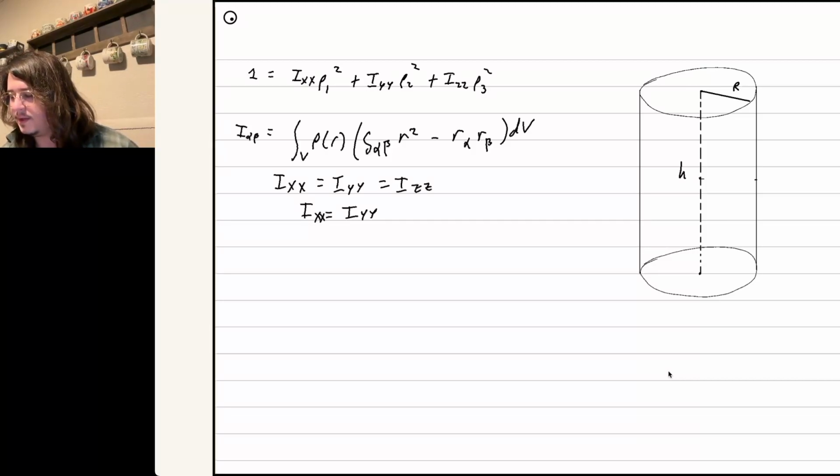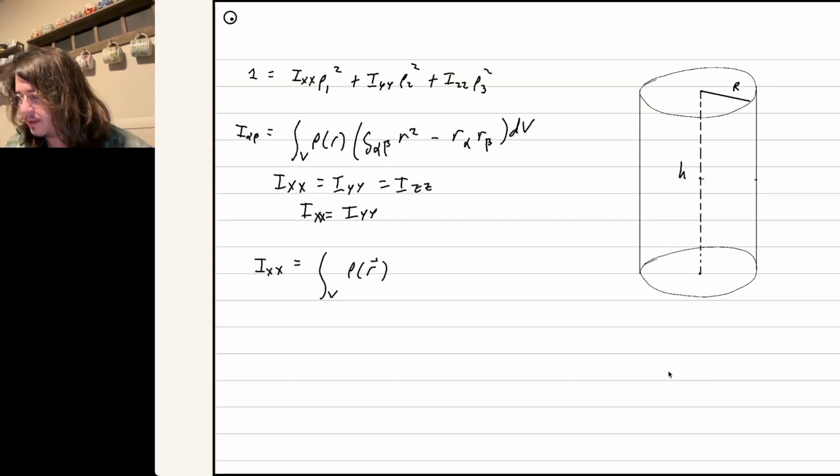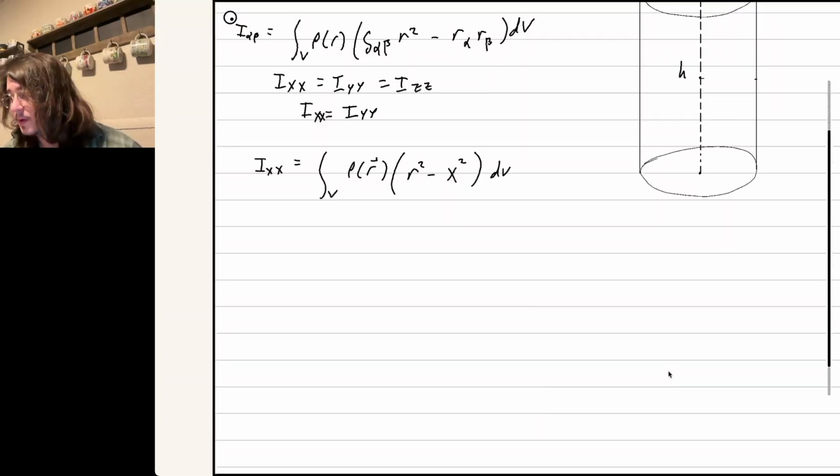So Ixx is a volume integral of some mass distribution function, which I really don't care about, times r squared minus x squared dV. I'm going to do this in cylindrical coordinates. Why the hell not? It's a cylinder.